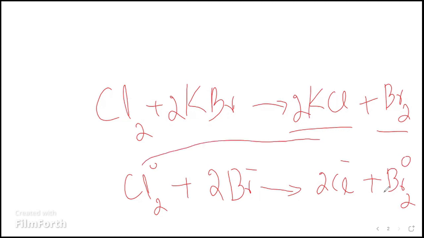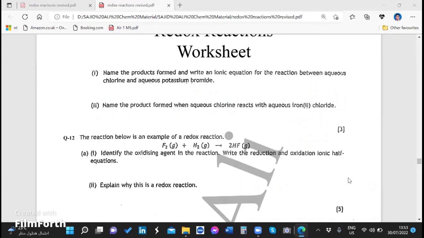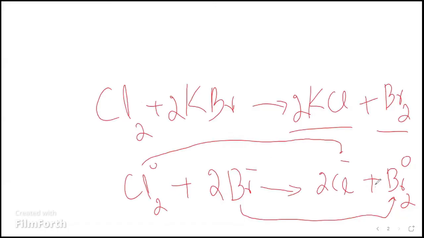So chlorine has been reduced and bromide has been oxidized. This is how the redox reaction works, and this is how to write its ionic equation. Okay, Mariam?